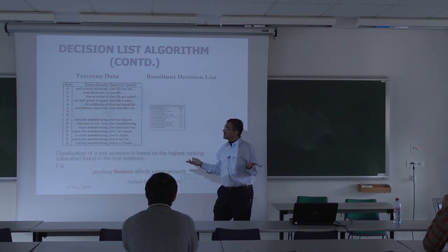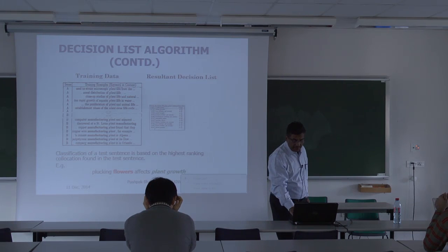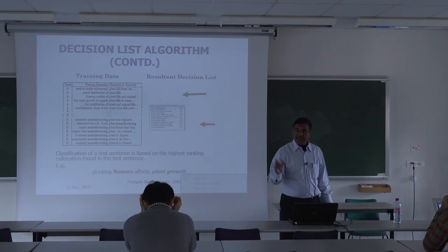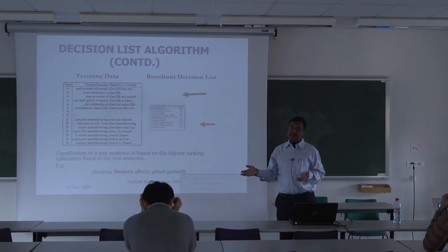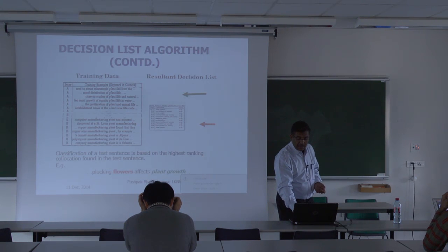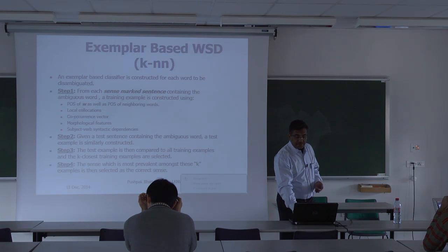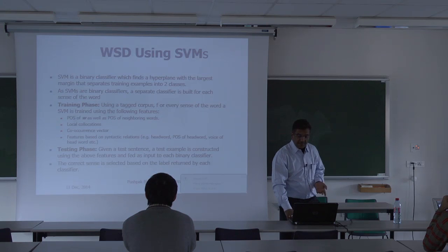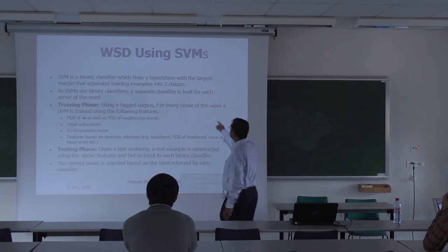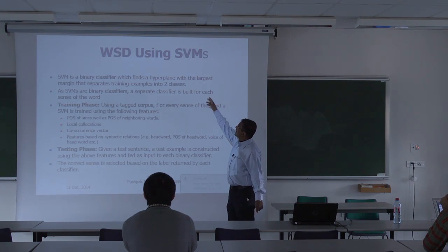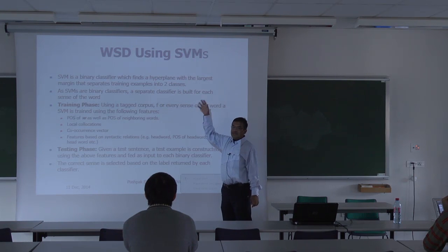That is the data structure. So, when a new sentence comes, we take the clue words and traverse the decision list to get the correct word. Then there is exemplar based word sense disambiguation, but most successful has been word sense disambiguation using support vector machines. So, I would like to do a bit of support vector machine in the next class.